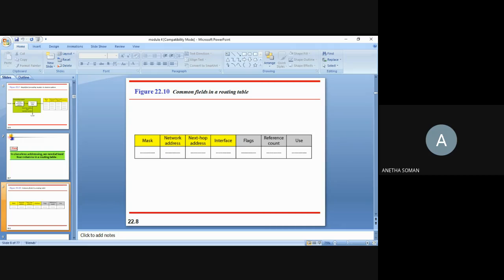Now the fourth field is the D. D means added by redirection. That field indicates that the routing information has been added to the host routing table by a redirection message from the ICMP. Last class, we learned about ICMP, Internet Control Message Protocol.